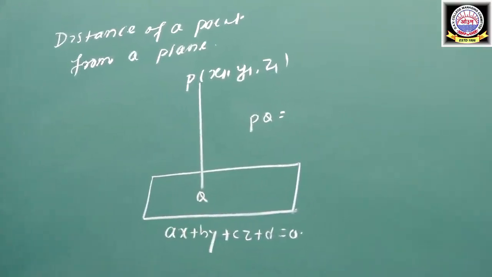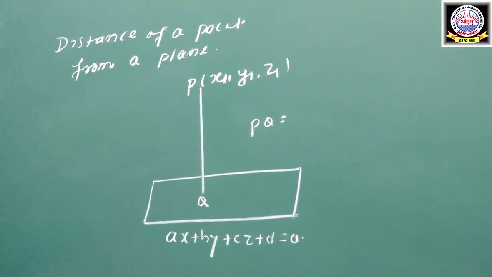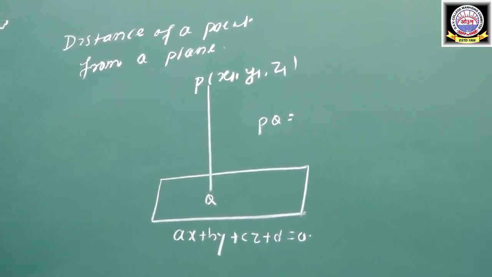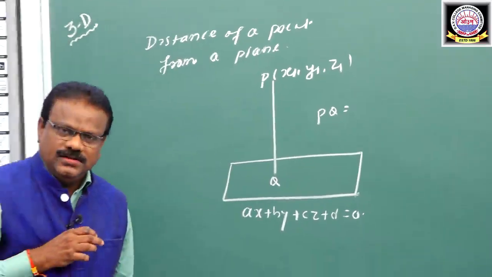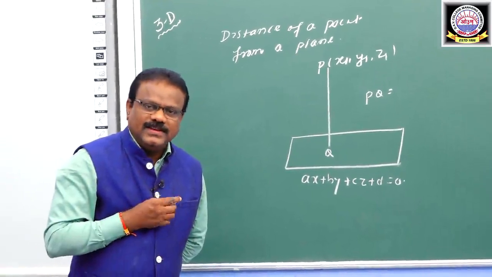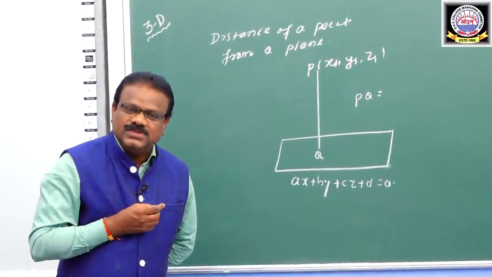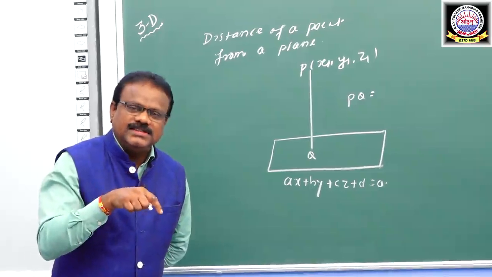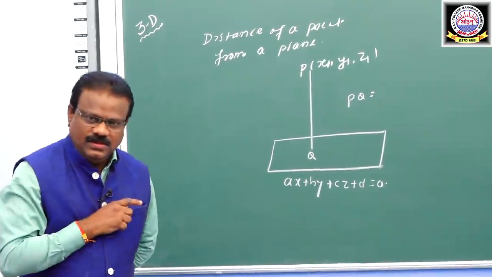Students, I already told you the plane is the extension of the line in 2D by one variable. In two dimensions, the equation you know for the line is ax plus by plus c equals 0. Only one variable is added here, that is cz plus d equals 0.